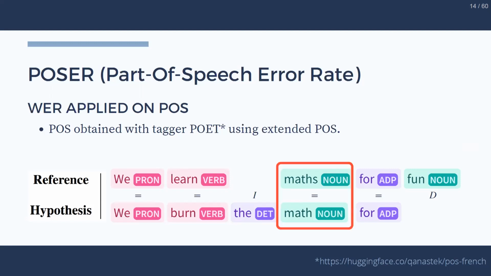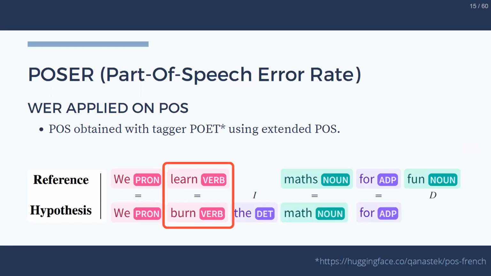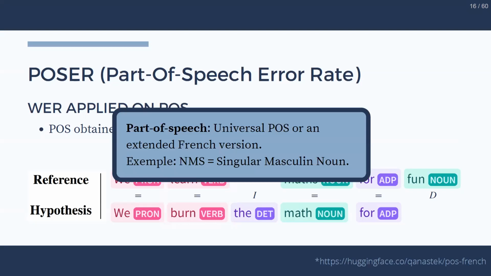So here we can see that maths and math share the same noun tag, so this will not be considered as an error. And here, for learn and burn, they also share the same part of speech, but this will be a problem for this metric, as learn and burn do not have the same meaning at all.